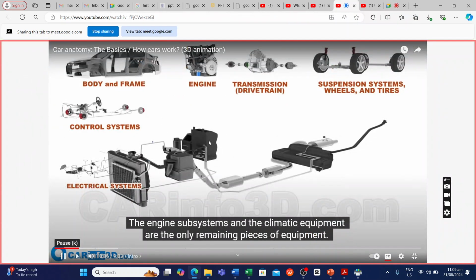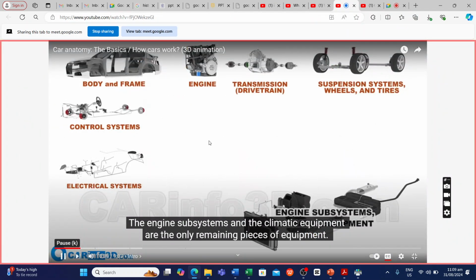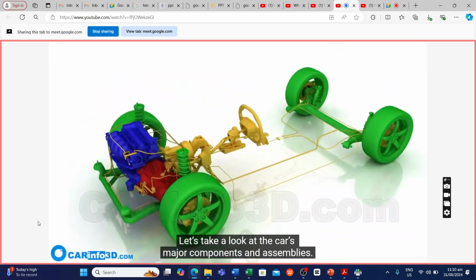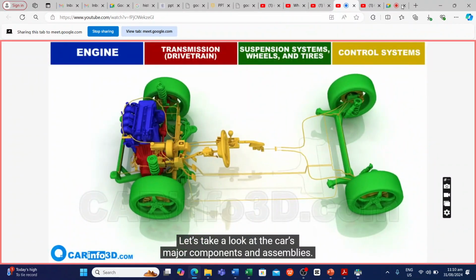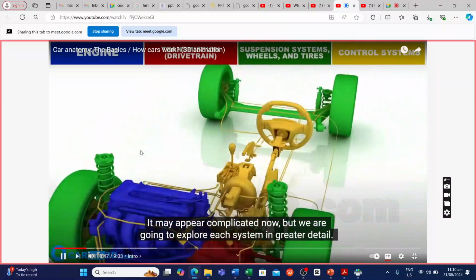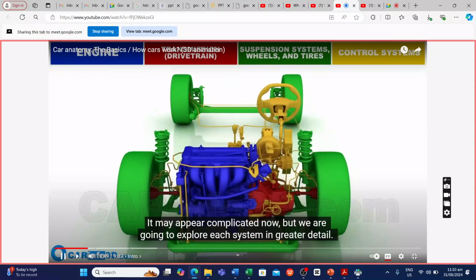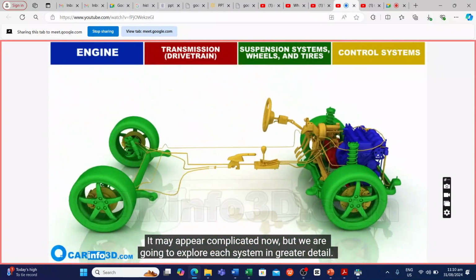The engine subsystems and the climatic equipment are the only remaining pieces of equipment. Let's take a look at the car's major components and assemblies. It may appear complicated now, but we're gonna explore each system in greater detail.